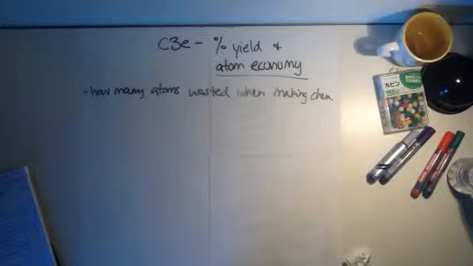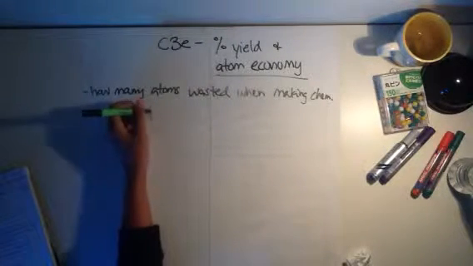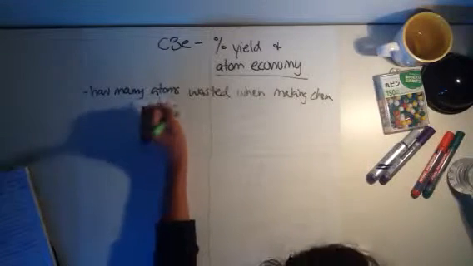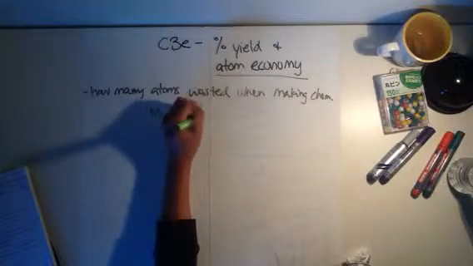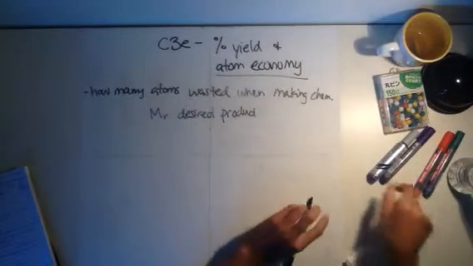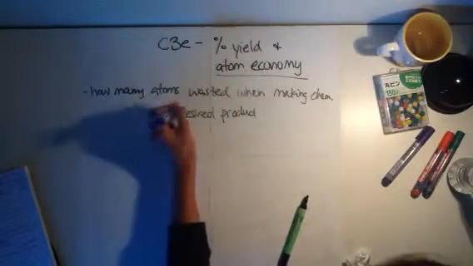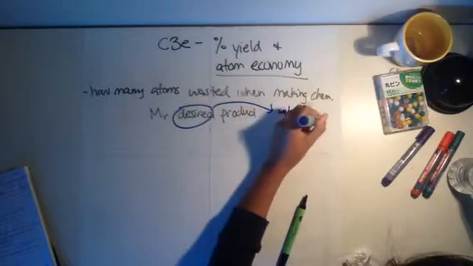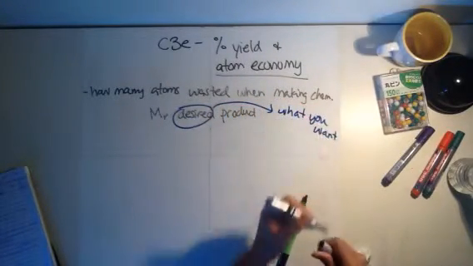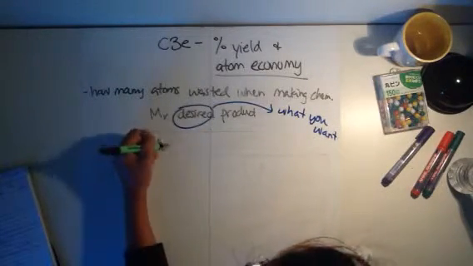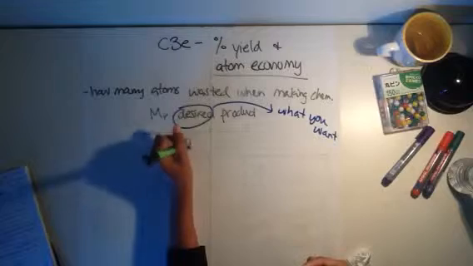Now, the equation for this, you're looking at the relative formula mass of what you want, of your desired product, so that's what you want. And you're dividing this by the relative formula mass of all products.